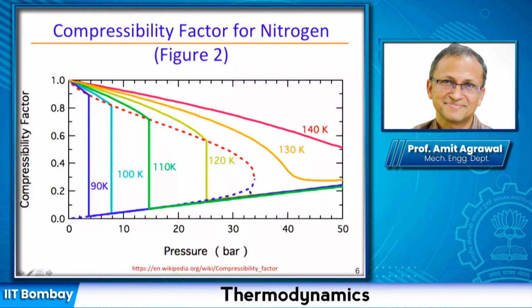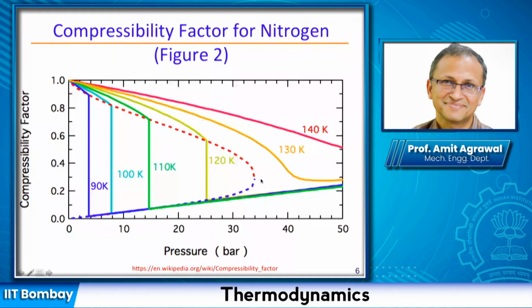But once I start moving towards a critical point, so this is my critical point here. And then beyond this critical point, of course, I get into the supercritical region. So all these are essentially my supercritical region.